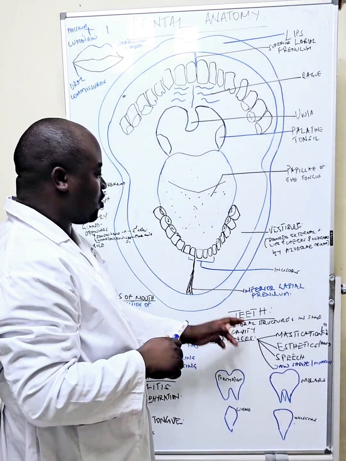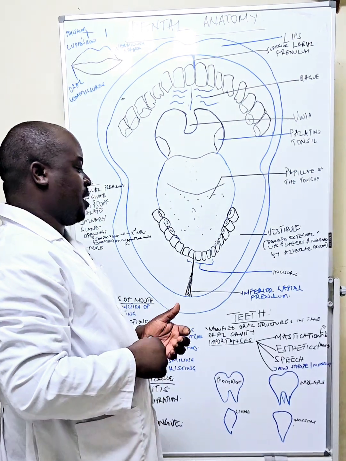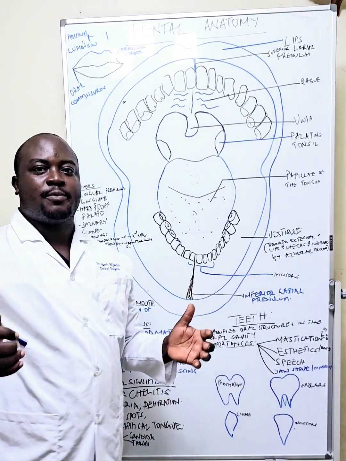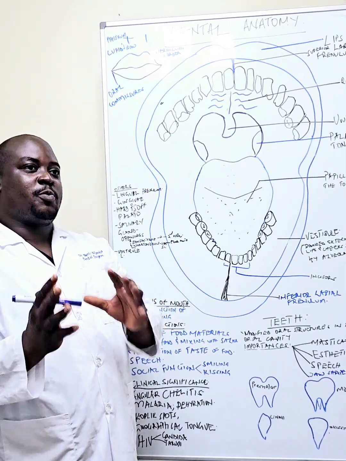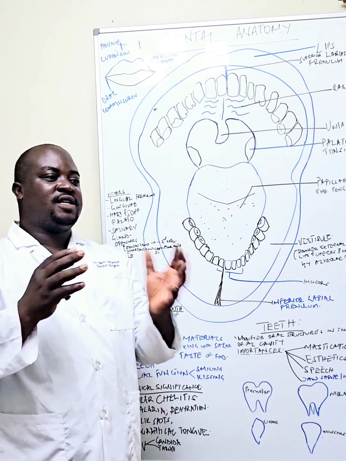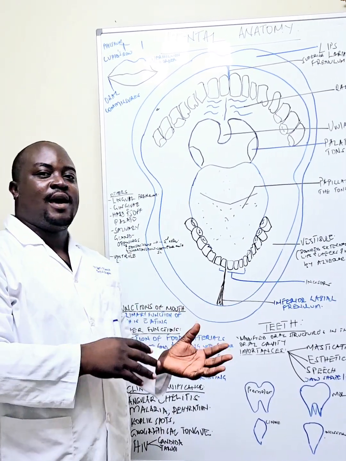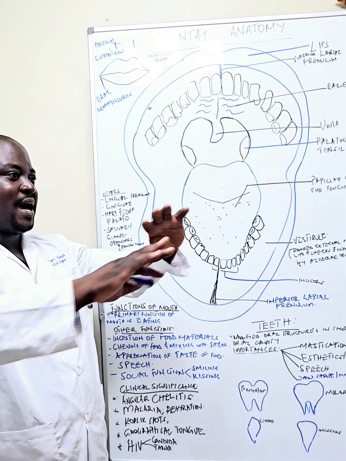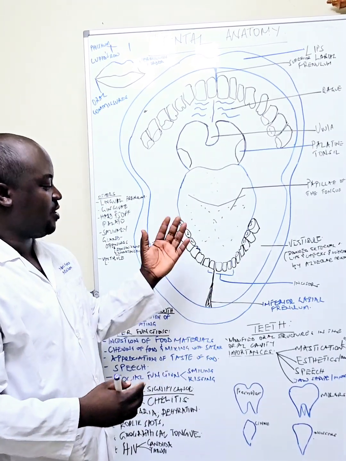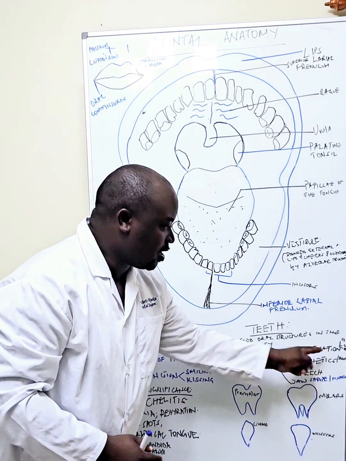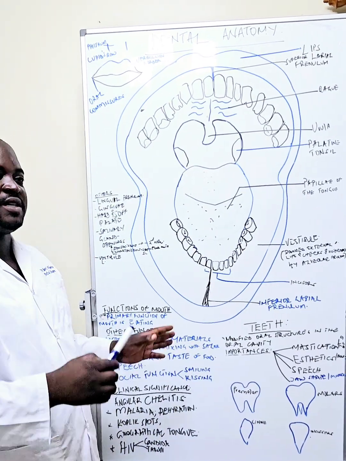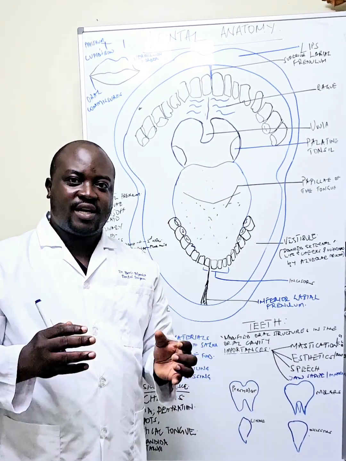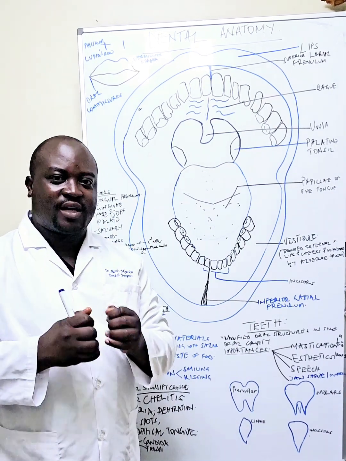Teeth are modified oral structures in the oral cavity. In the next video, we shall talk about what we call primary dentition, permanent dentition, how many they are, and when they erupt. But for now, we are talking about them in an overview, and we are saying they are very important. Mastication. By mastication we mean the breakdown of food, the physical breakdown.